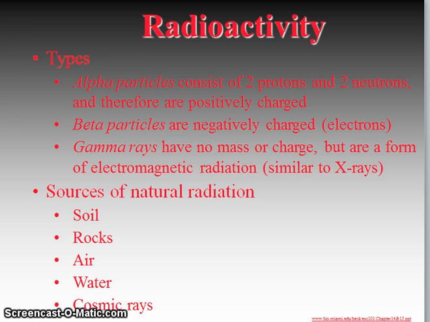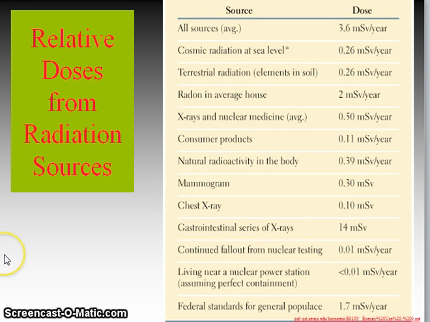Sources of natural radiation include the soil, rocks, air, water, and cosmic rays. We are exposed to small amounts of radioactive decay all the time from these natural sources. And here are some sources of natural radiation and unnatural sources, like living near a power plant. On average, from all sources we're exposed to about 3.6 millisieverts per year.